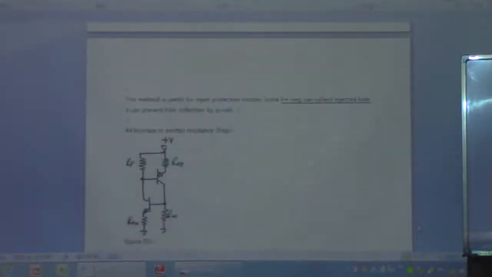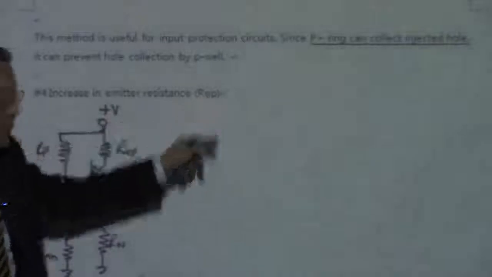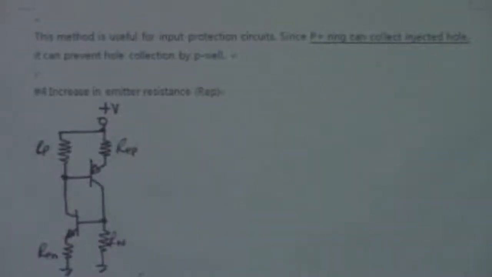What it says on here, RP. Increase in emitter resistance. Here it says increase in emitter resistance. This emitter resistance is not an RP. This is a REP. Okay?